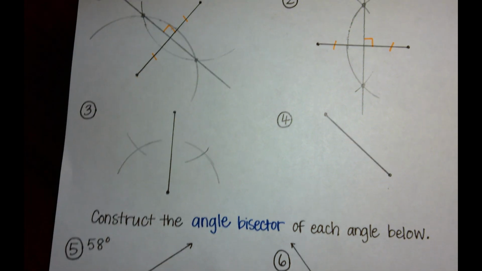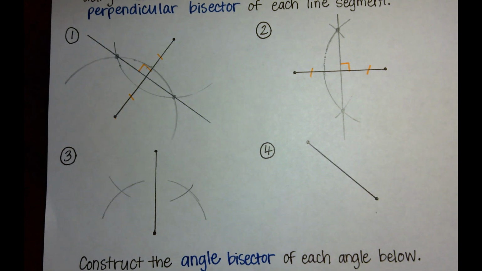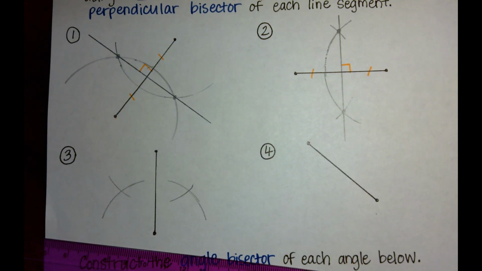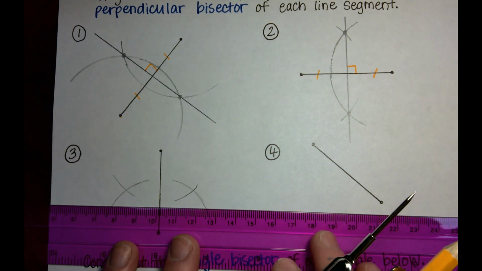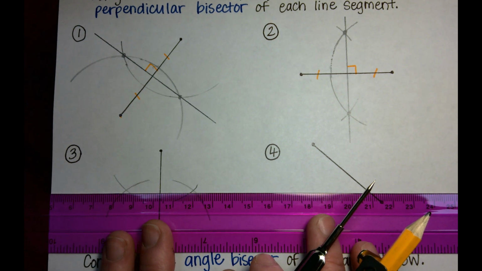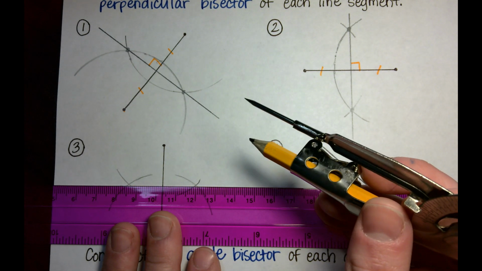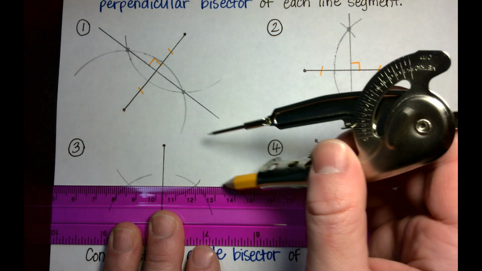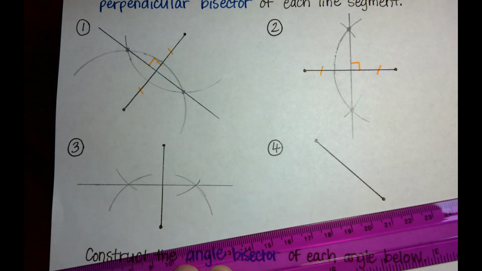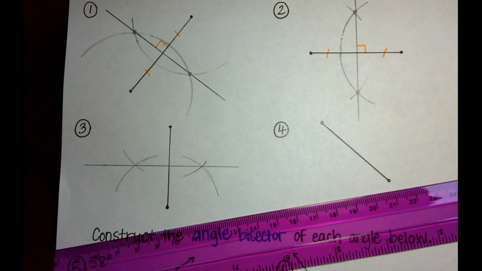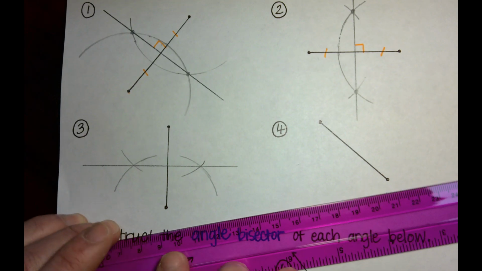Okay. So here are my two intersections. I'll take my straight edge and just go right through them. Looks pretty good.